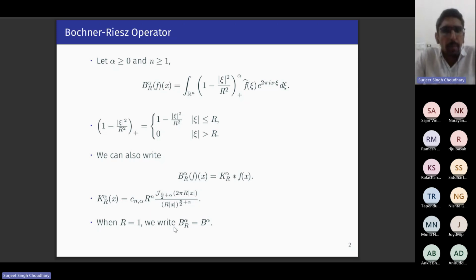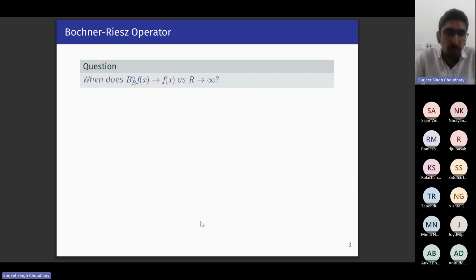Now, the natural question would be whether the Bochner-Riesz operator B_alpha,R f converges to f as R goes to infinity. This is one way of convergence, which is pointwise convergence. To study this convergence, using Stein's principle, it is enough to study the L^p boundedness of the maximal function associated with the Bochner-Riesz operator.